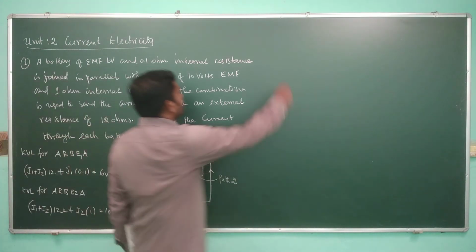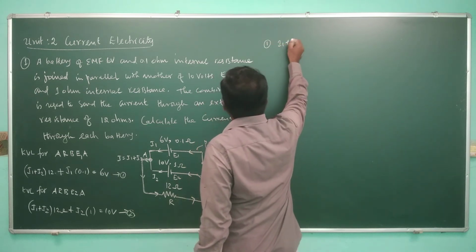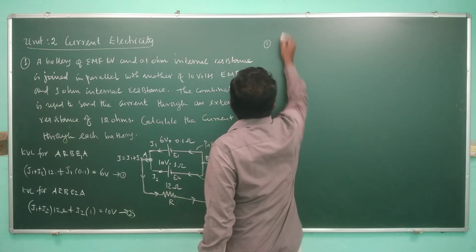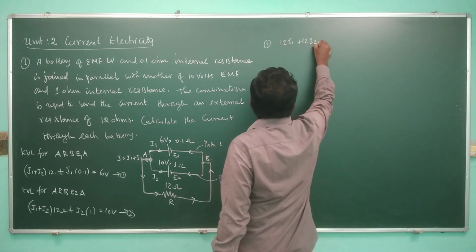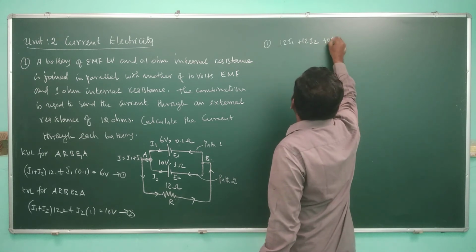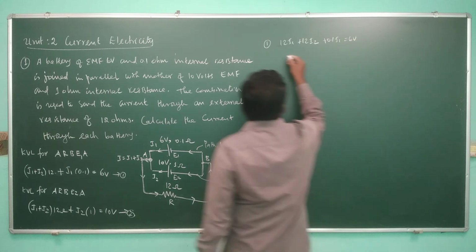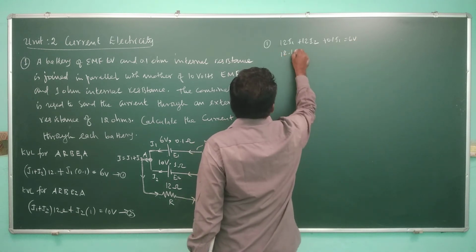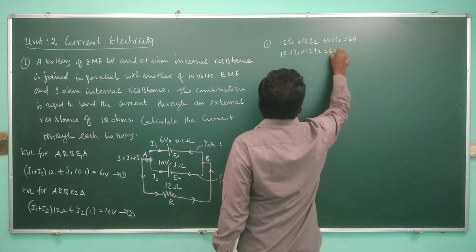Now we can process the equations. What is equation 1? You can write 12 I1 plus 12 I2 plus 0.1 I1, which is equal to 6 volt, or 12.1 I1 plus 12 I2 equal to 6 volt.